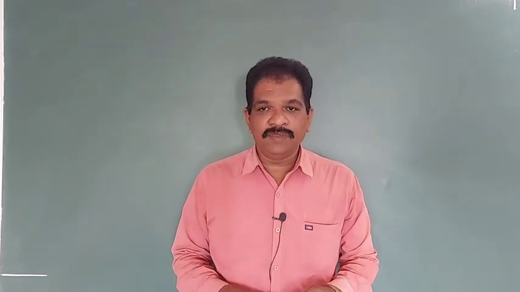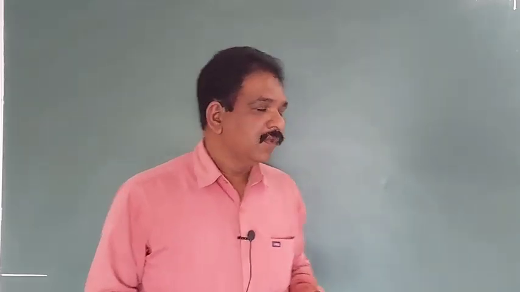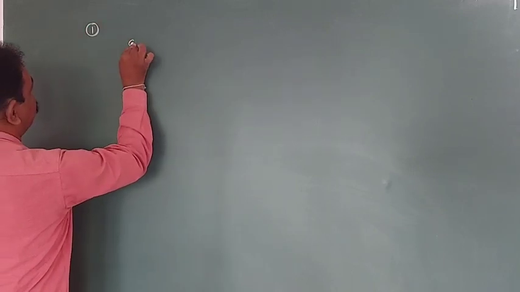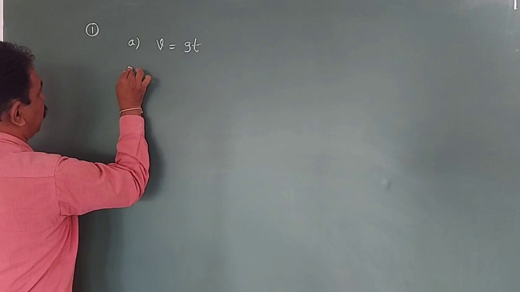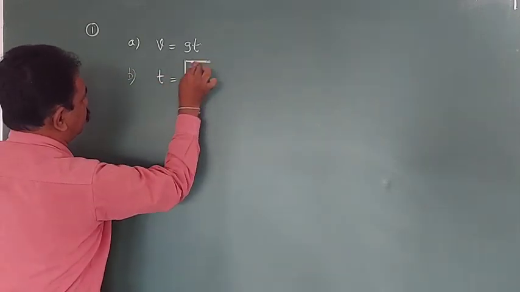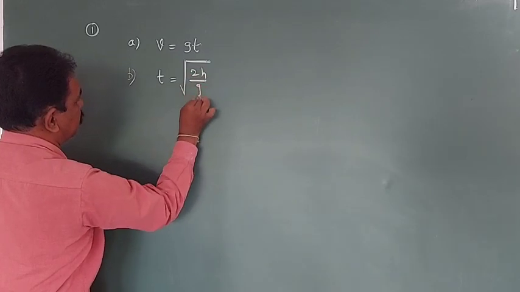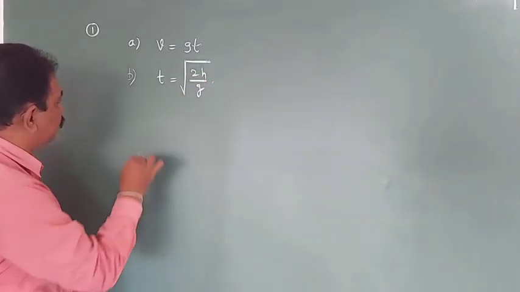Last class we discussed the freely falling body. What are the equations of motion of a freely falling body? We wrote them. First one, v is equal to gt. Next, t is equal to root 2h by g, or h is equal to half gt square.